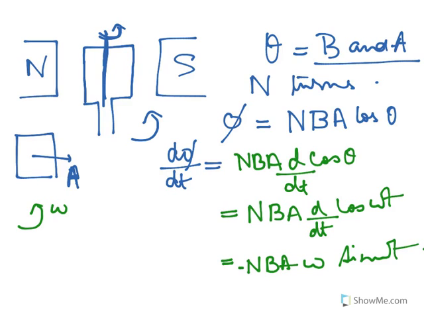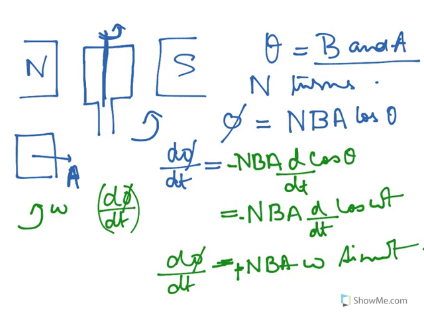There is a minus sign here, but this minus gets cancelled because the induced EMF is actually minus of d phi by dt, so this minus becomes plus here. The minus sign says that the induced current opposes d phi by dt, the very cause of induced EMF. So induced EMF can be written as N B A omega sin omega t.